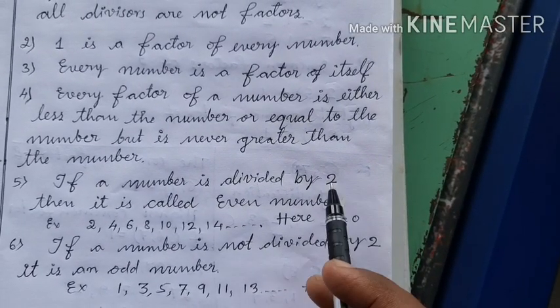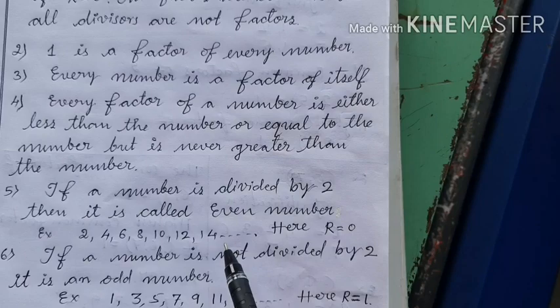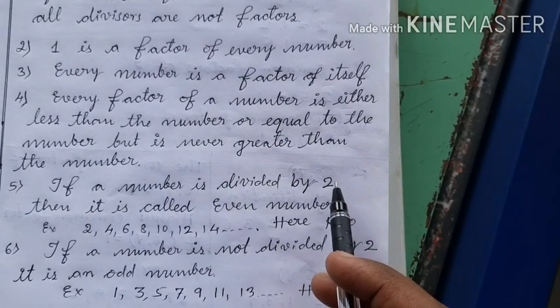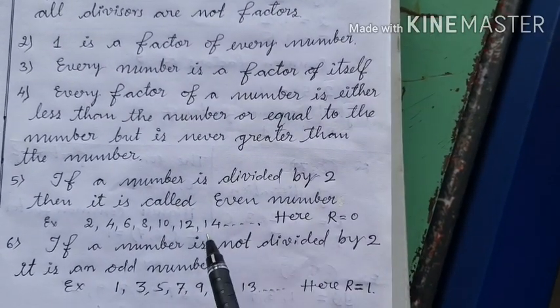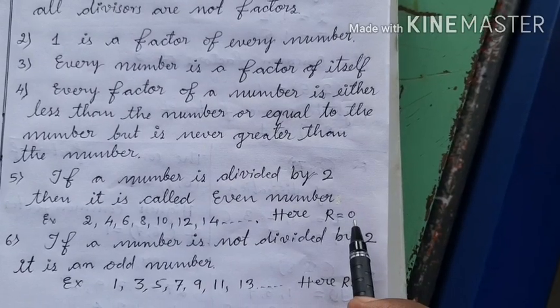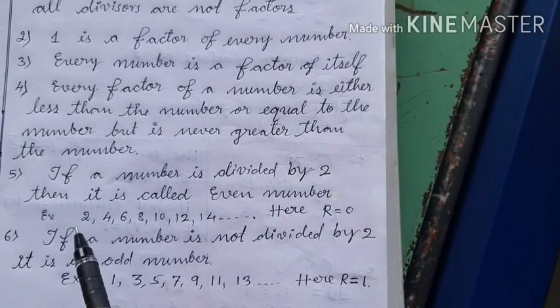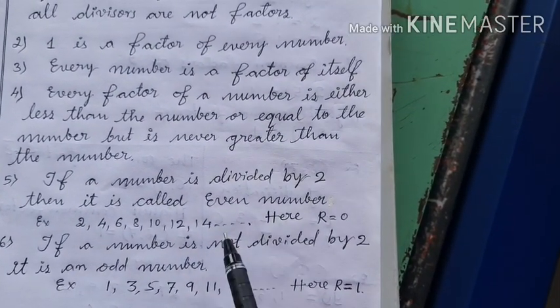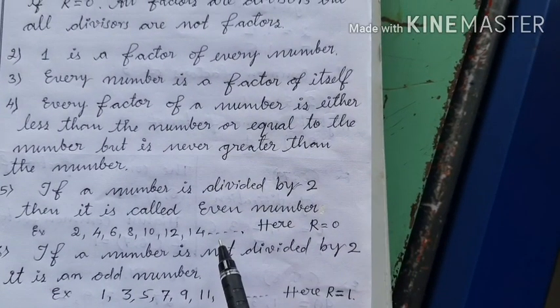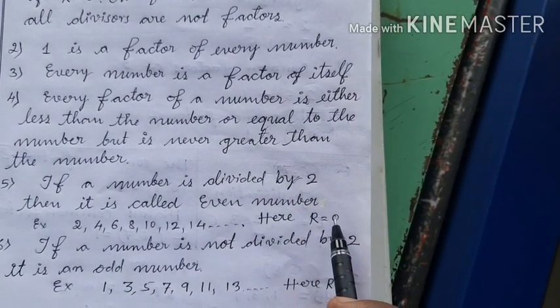If you divide these numbers by 2, the remainder is 0. Therefore children, all even numbers are divided by 2 and they leave the remainder 0.